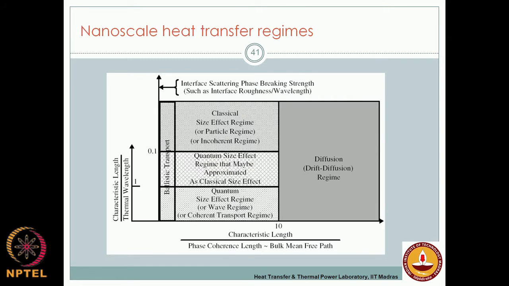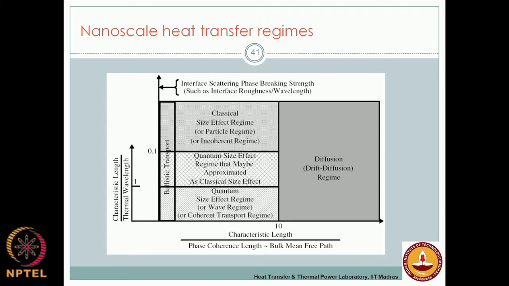So, this is another very interesting picture that I got from a review paper some time back, from Professor Gang Chen's group at MIT. The way they have classified the different regimes of transport on two scales is very clear.